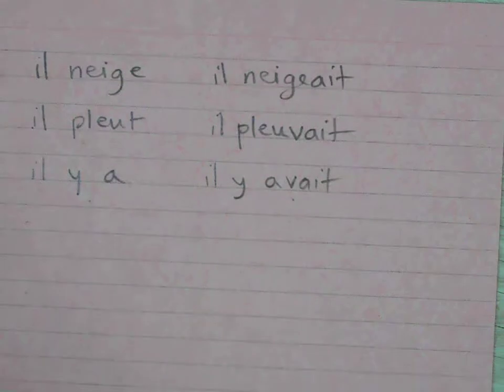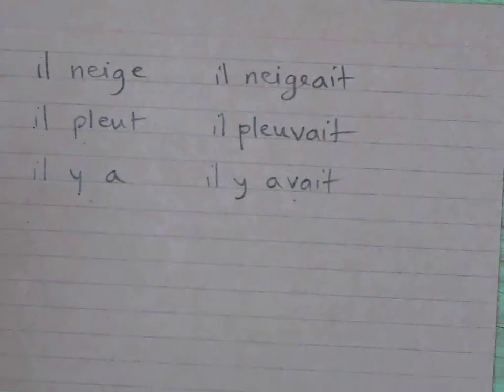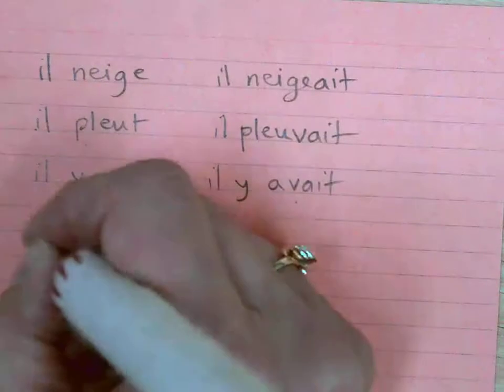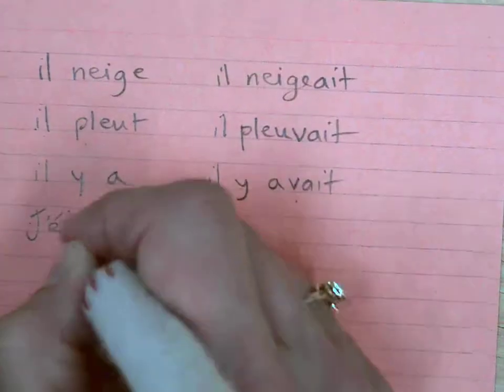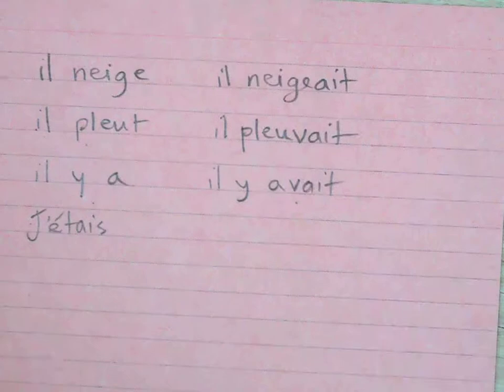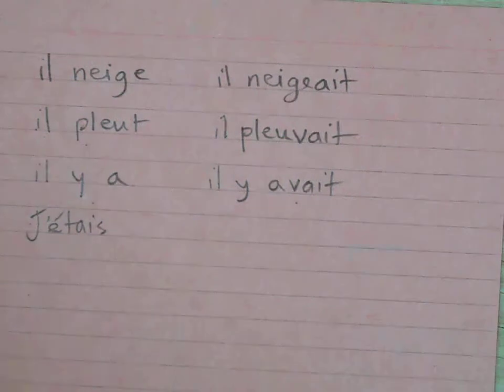Okay, d'accord? And by the way, normally when you're talking about the past and you want to say that somebody was a certain way, you would say j'étais. So weekend, j'étais, où était?